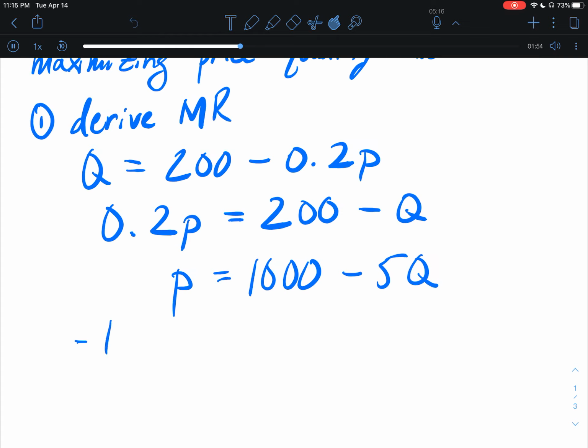We have a linear demand curve, so we can use our formula.